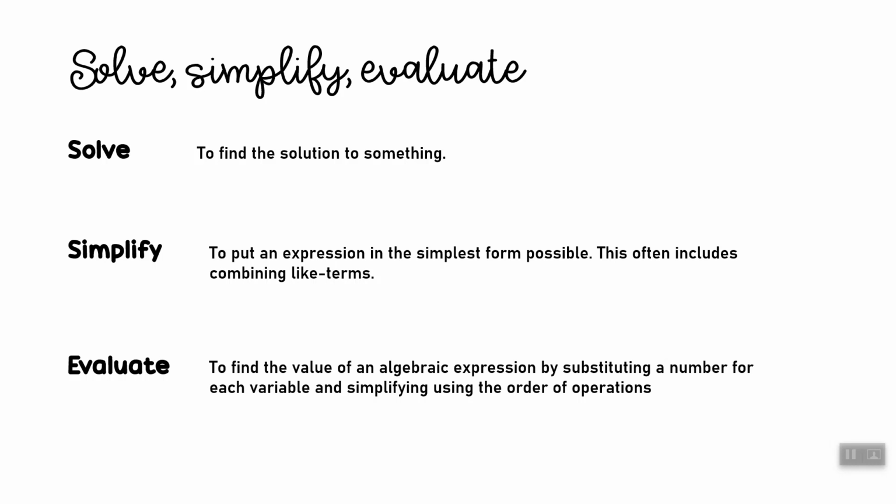And evaluate is when we have all numbers, it's similar to simplifying except that if we have unknowns, we are substituting in a value, a number for those unknown variables. And then we are simplifying and then evaluating to find an actual numerical answer.